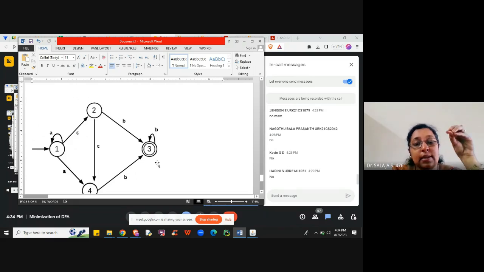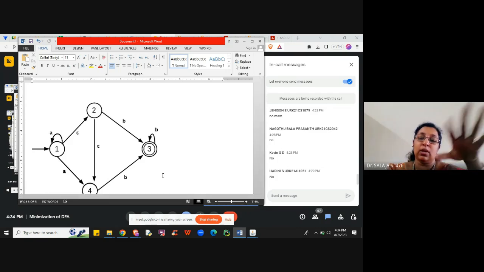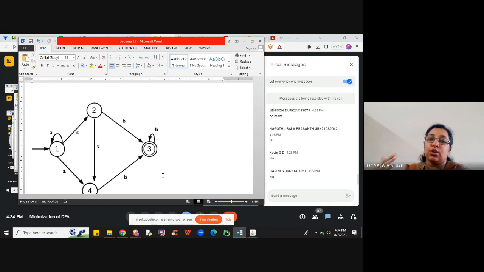Any state can be represented as Q0, Q1, Q2, Q3, or as 1, 2, 3, or as capital A, B, C. All these representations are allowed. Even if it is P0, P1, P2, P3, it is allowed. And Q1, 2, 3 is also allowed.